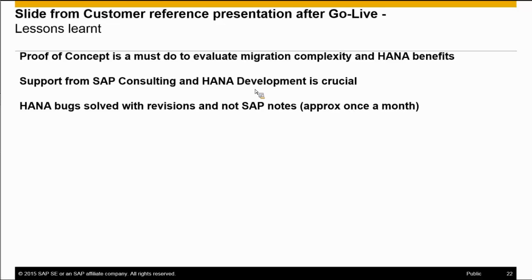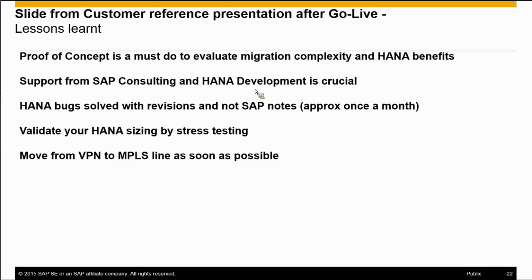But just to say that it's not just implementing an SAP note and the fix is there, but on the HANA side the fixes take a bit longer, so you have to incorporate that in your planning, of course. Do decent stress testing to validate the HANA sizing. Yeah, and then HEC specific, that's not so important.